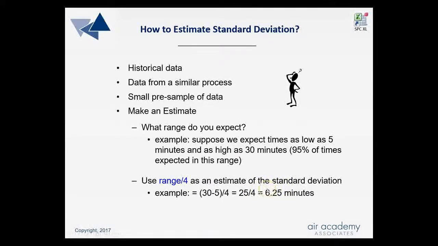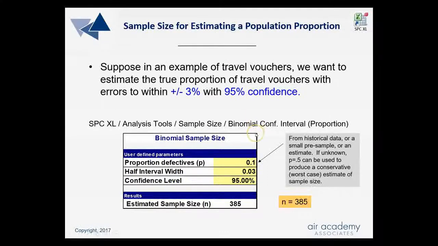So one could use this range divided by 4 rule of thumb, which is a nice little rule, because estimating range is easy, and the division by 4 comes from plus or minus 2 standard deviations, accommodating 95% of your variability.